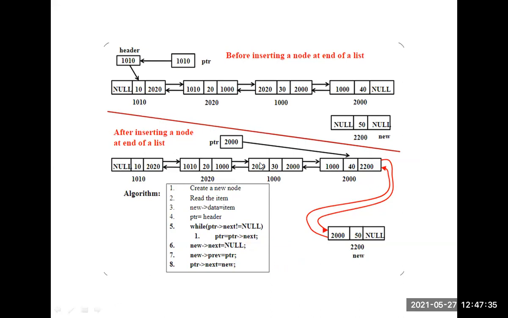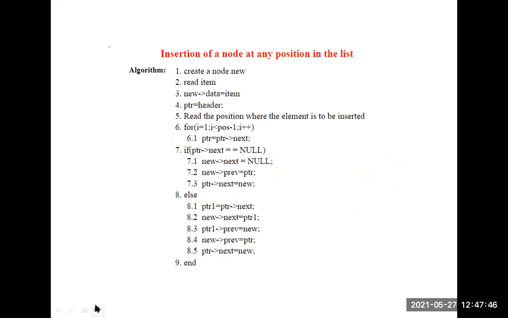Then we have the lab program here. Just see there, in the lab program, the same concept. Instead of header, we are taking first here. If you want to insert a node at any position in the list, I already told you that we are considering the first node as position 1.